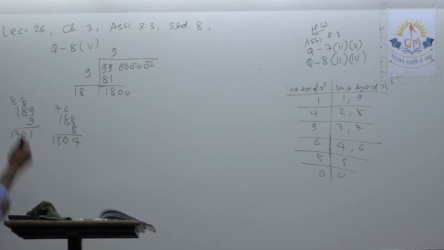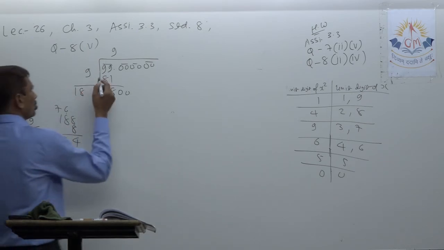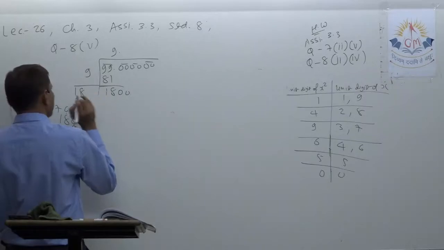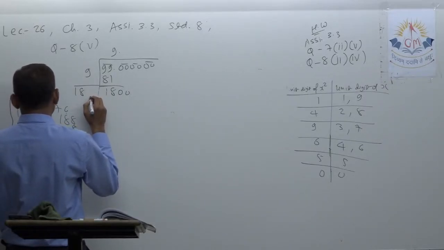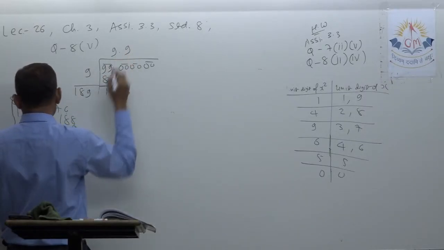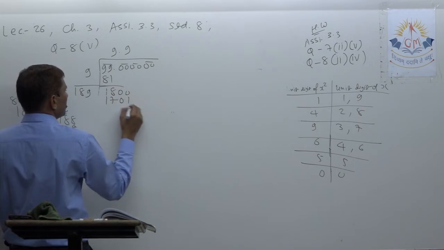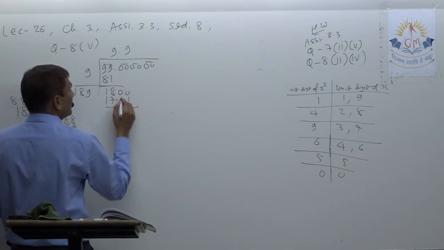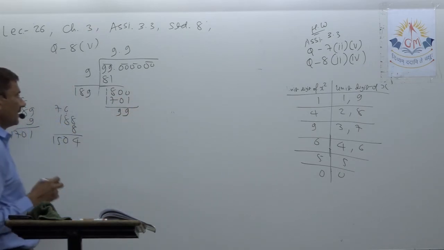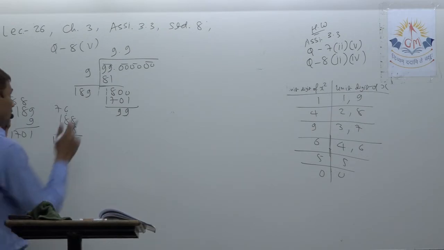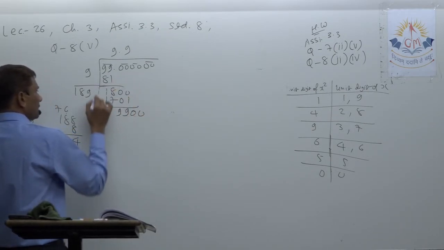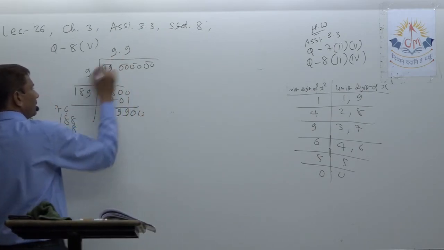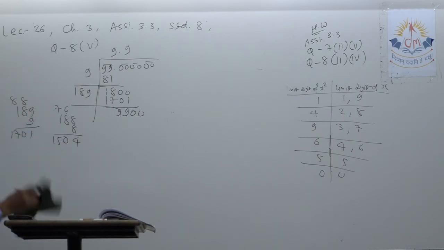Okay. Right here, point. So 189 into 9, 1701. 10 minus 1, 9 and 9. 99 left. Now again one pair of 0 came, but here write down double of whatever you have.